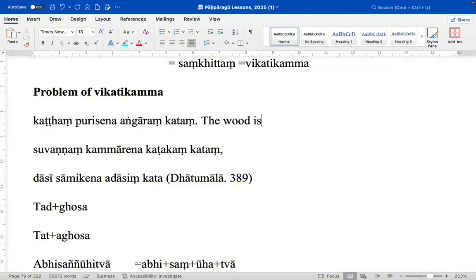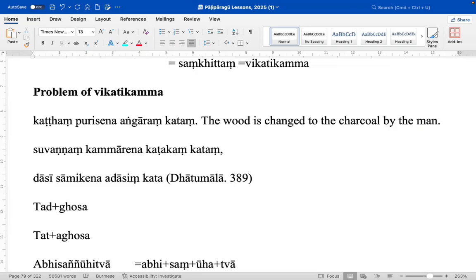I translate: the wood is changed to the charcoal by the man.